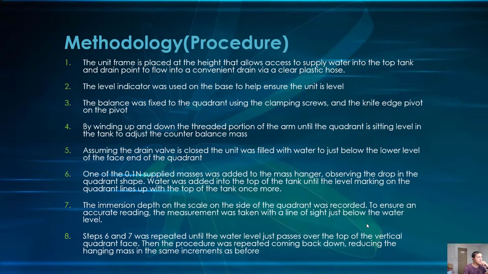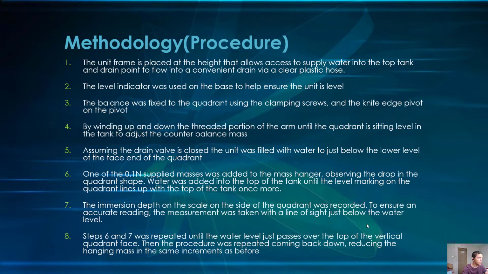As for the methodology, first the unit frame is placed at a height that allows access to supply water, and we drain the pipe to flow into a convenient drain. Secondly, we put a level indicator on the base to help ensure the unit is level. Thirdly, the balance was fixed to the quadrant.